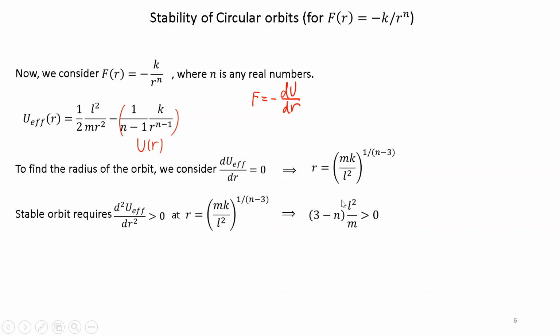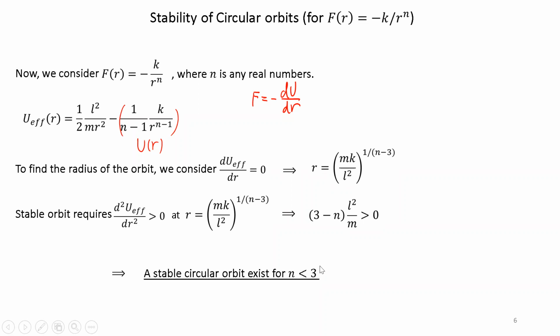The result is quite obvious because this L squared divided by m is just a positive number. So that means this inequality gives n smaller than 3. That is the general conclusion: a stable orbit exists for any n smaller than 3.